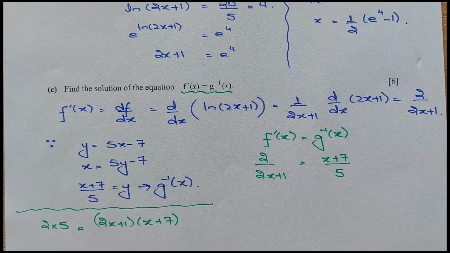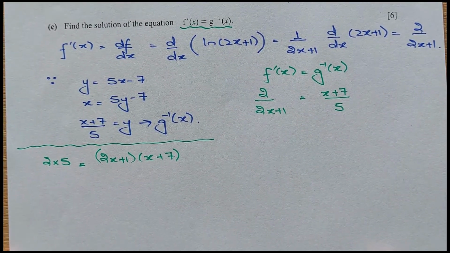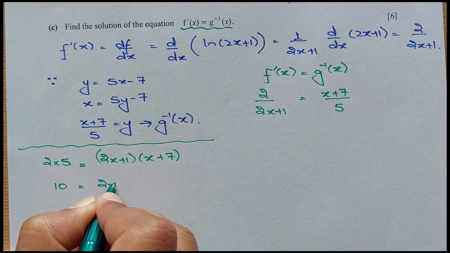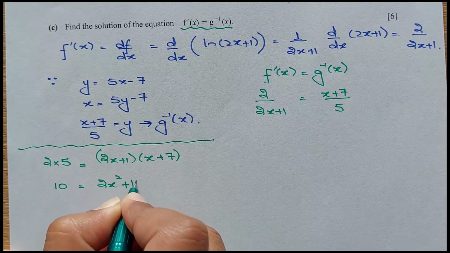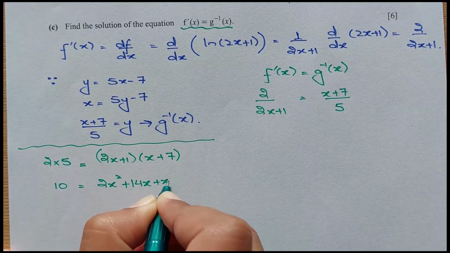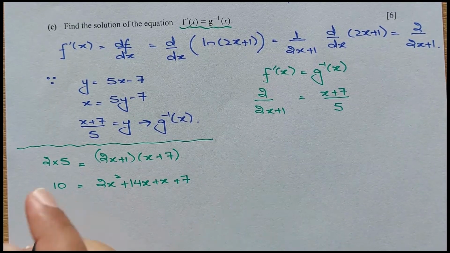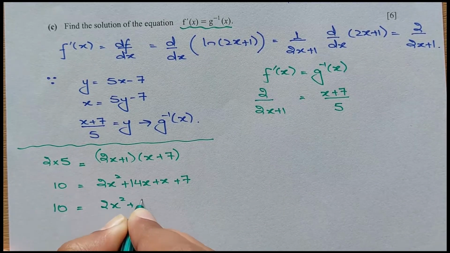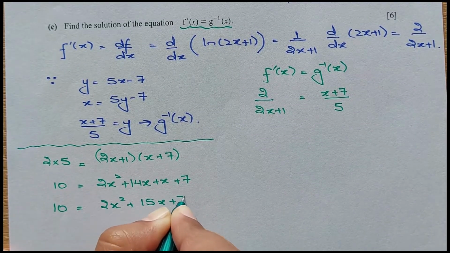Right, so let me simplify it further. 2 times 5 is 10, equals 2x squared, 2 times 7 is 14x, plus x plus 7. Now we have 10 equals 2x squared plus 15x plus 7.